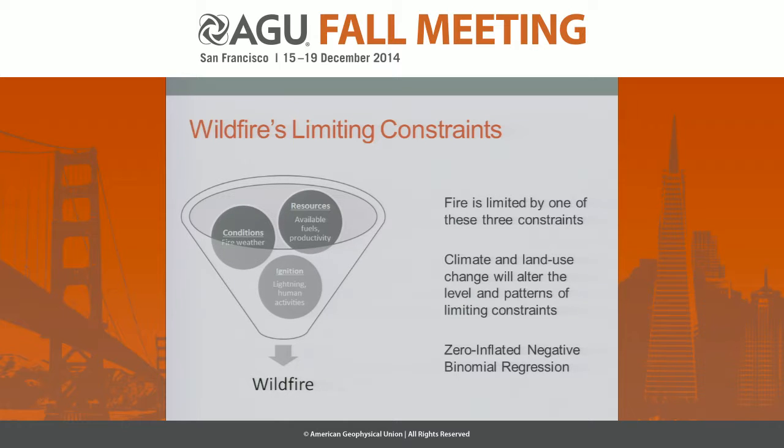For this, we're using a zero-inflated binomial regression. This is predicting the count, the expected number of fires in roughly 1 kilometer pixels. It's a function of conditions and resources, which we monitor using AET and cumulative water deficit.